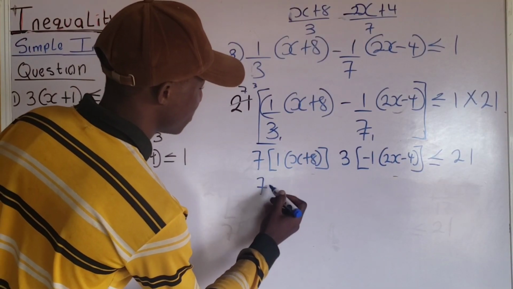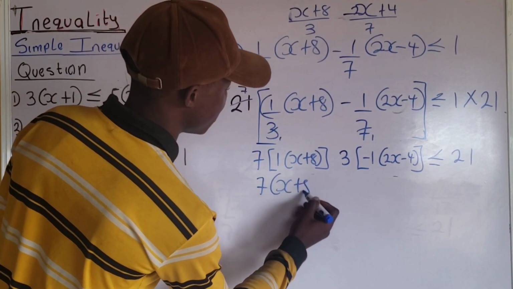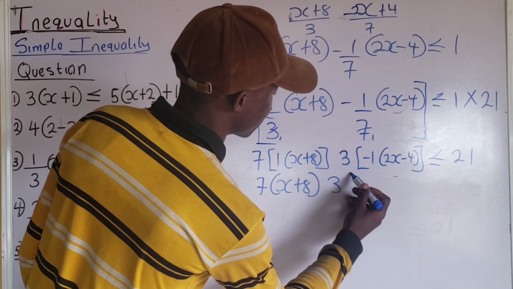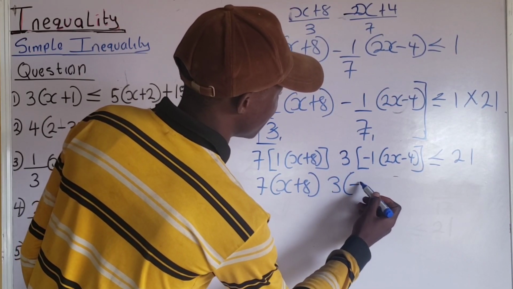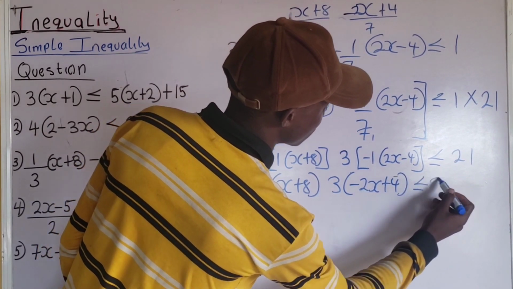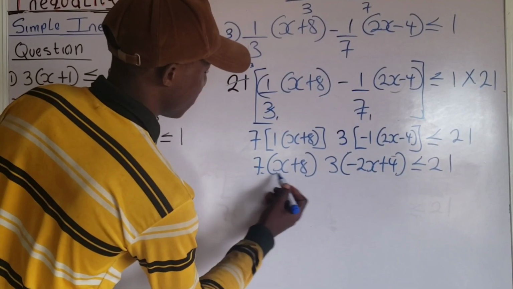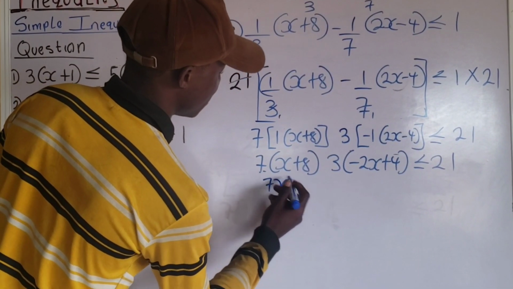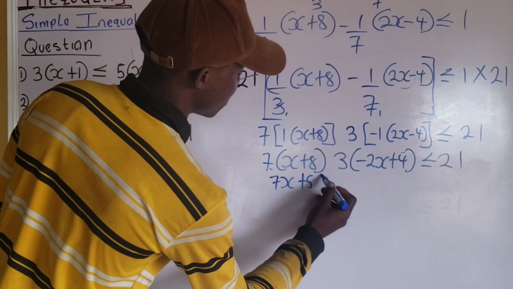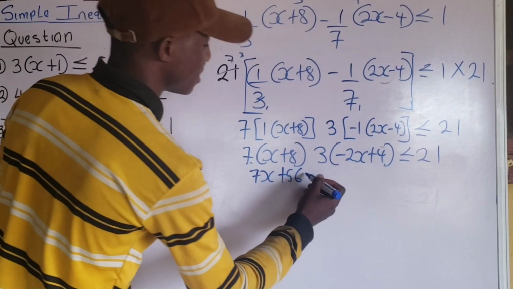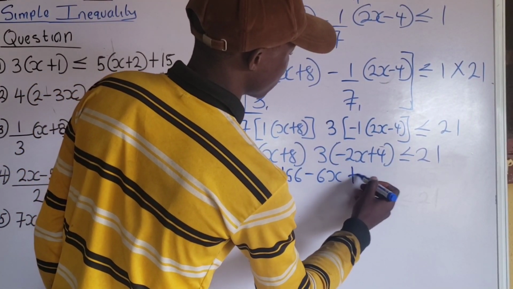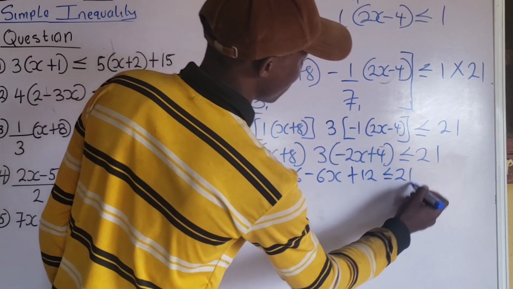Here I'm going to have 7 into bracket x plus 8, then 3 into bracket negative 2x plus 4 is less than or equal to 21. 7 times x, that is 7x. 7 times plus 8, that is plus 56. 3 times negative 2x, that is negative 6x. 3 times plus 4, that is plus 12, less than or equal to 21.